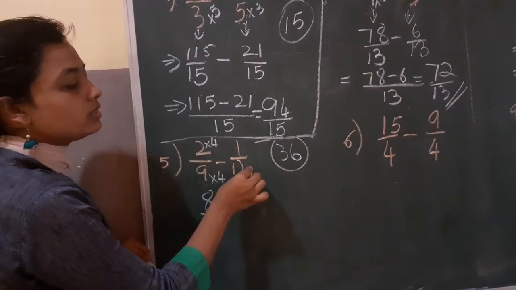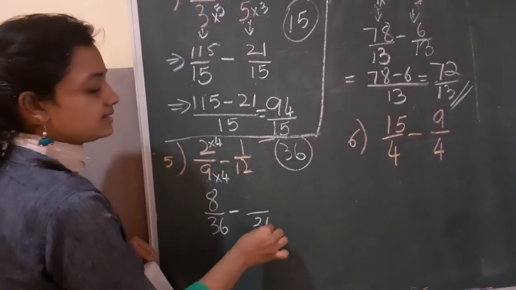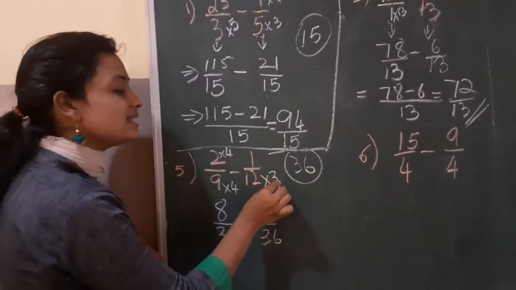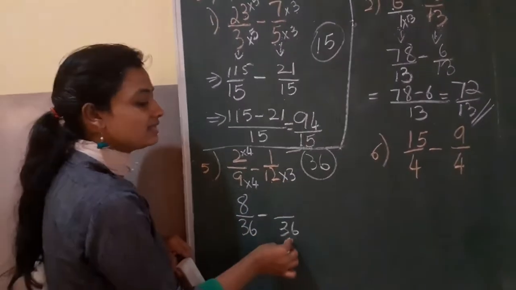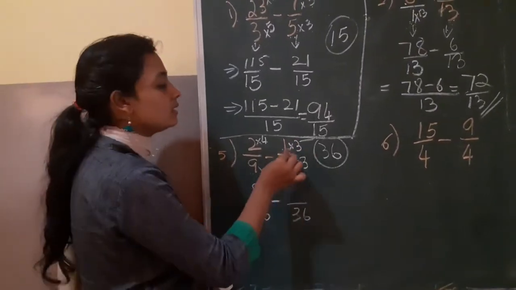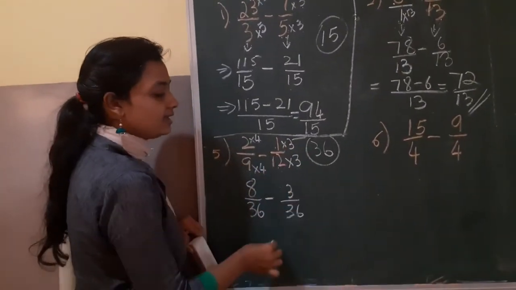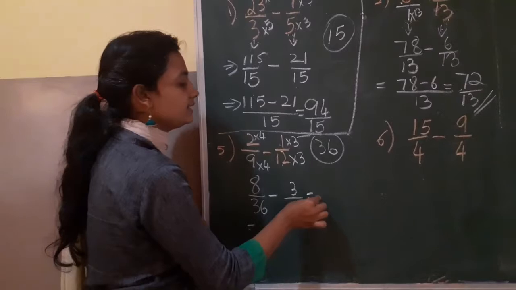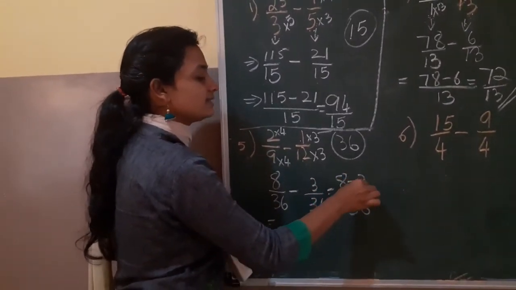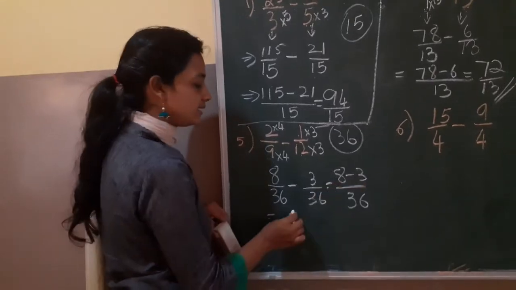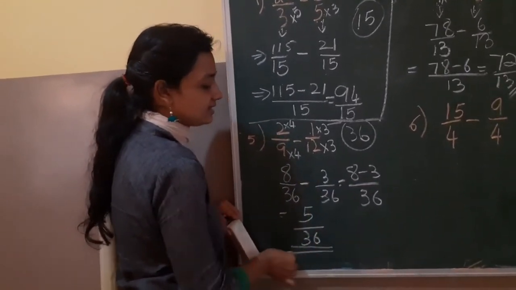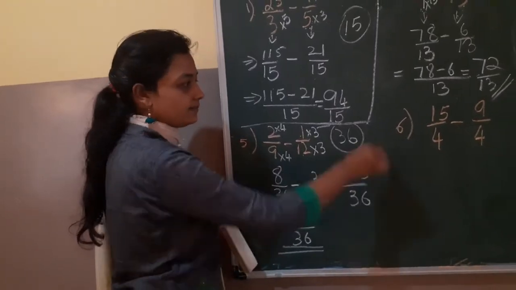Minus. Now I should convert this into 36. So I will multiply 12 with 3. So 12 3s are 36. Now I will multiply 1 also with 3. 1 3 is 3. Now subtract. That is 36. In the numerator 8 minus 3. What is 8 minus 3? 5 by 36. This is my answer.